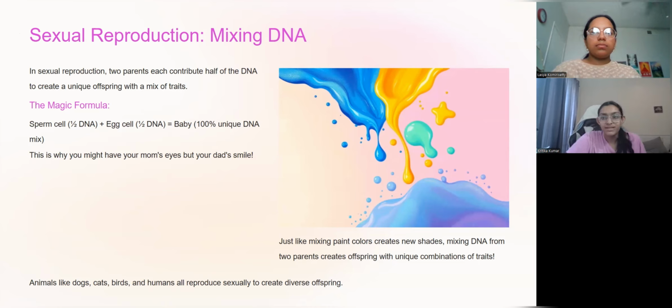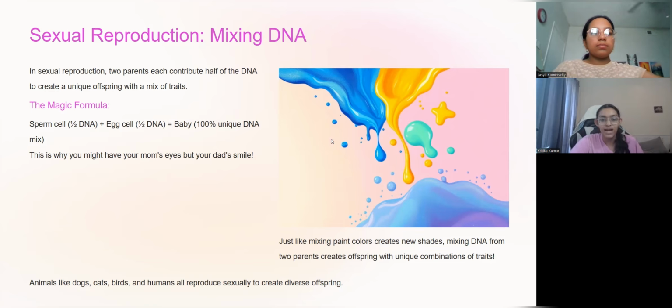So the magic formula is basically half and half of both your parents' DNA. Half will come from sperm cells, and the other half of the DNA will be taken from the egg cells to create an offspring or a baby, which has 100% unique DNA mix.